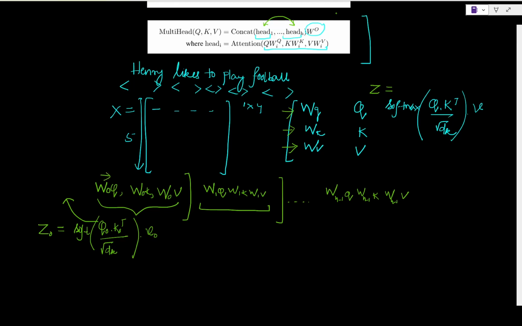Q naught would be X multiplied with W naught Q. K naught would be X projected using W naught K, and V naught would be X projected using W naught V.